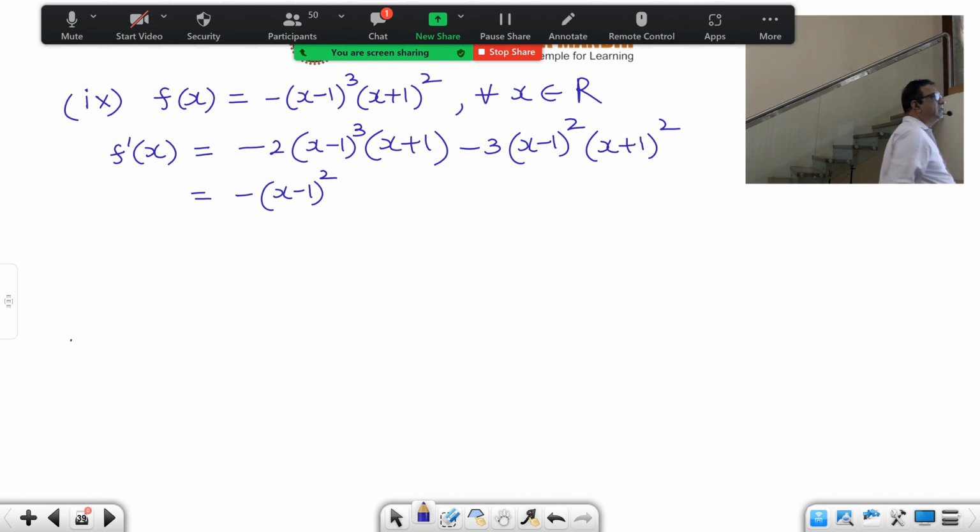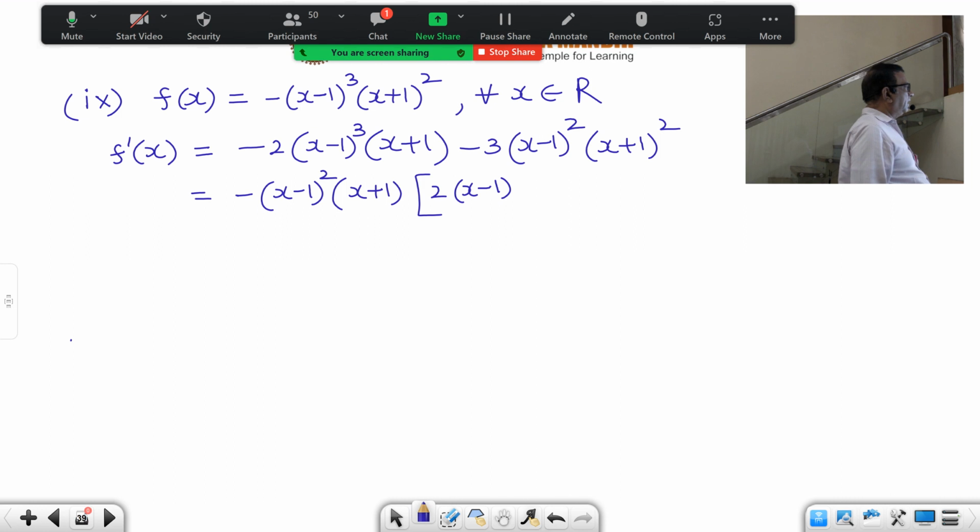Minus of (x minus 1) whole square into (x plus 1), that is common. Now what is remaining? Minus I have taken common, so 2 into (x minus 1) is there.